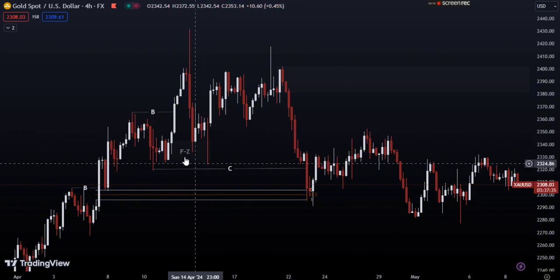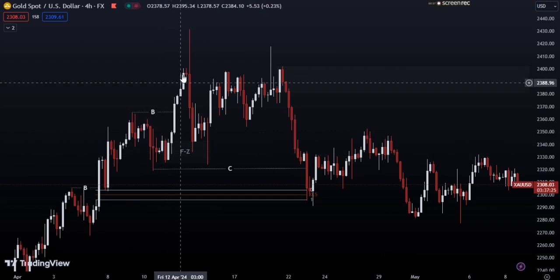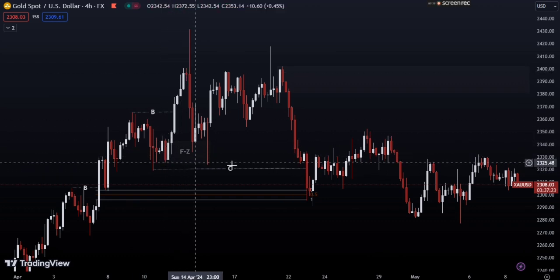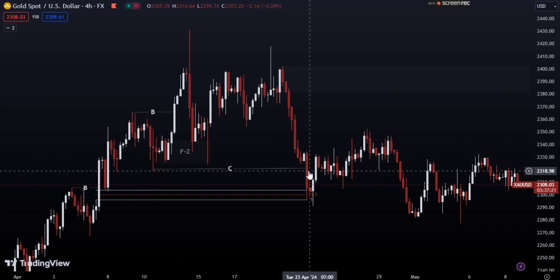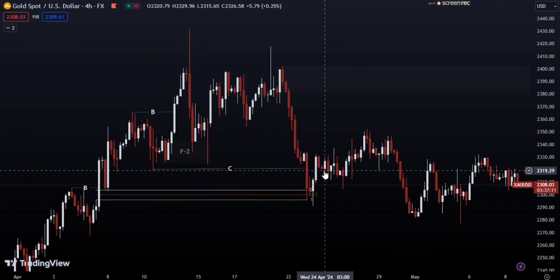This is an invalid change of character. Do I understand that it took out this low, right? But there was just a price segment from here up, it was a rally base rally, so it is an invalid change of character. This is a valid change of character, right? So I will understand if the price here closed below, and then now for me it will make sense what happened here.